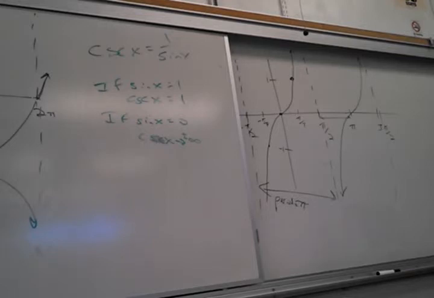For sine, there's only one reciprocal function, and that's cosecant. But if I did move this over, now I'd have cosine and secant. If I move this here, 0, pi over 2, and so forth, that would be cosine, and this would be secant.